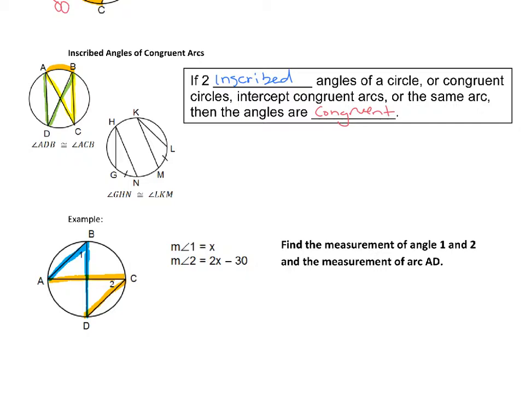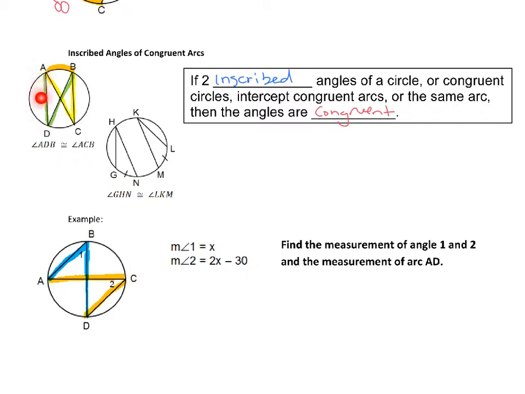All right, moving on to the next part, inscribed angles of congruent arcs. If two inscribed angles of a circle or congruent circles intercept congruent arcs or the same arc, then the angles are congruent. So for example here, make sure you're really trying to see this.